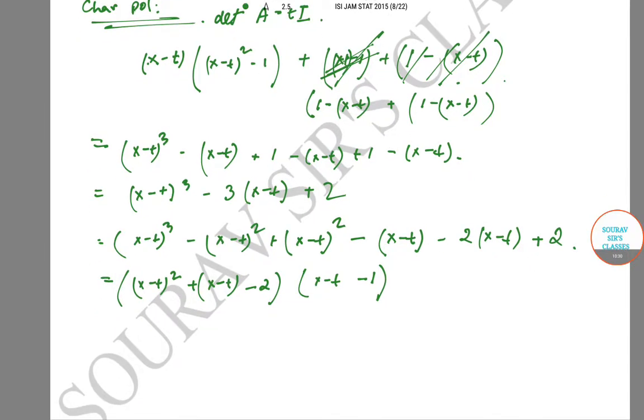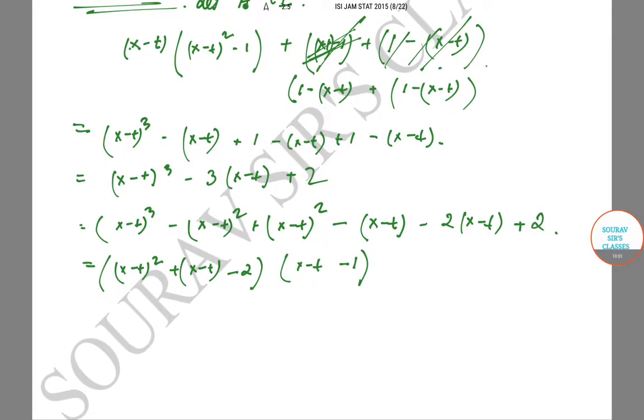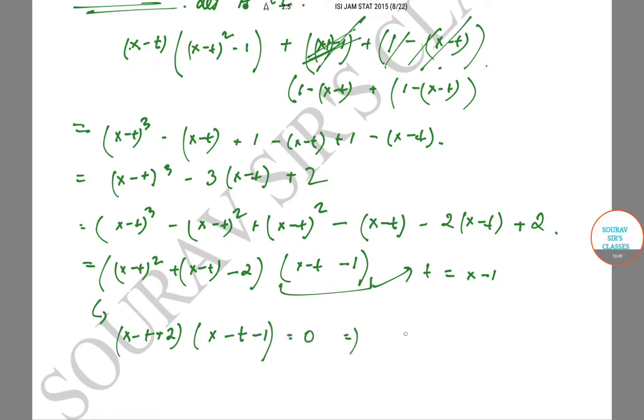Please follow the steps carefully. So from this we get t equal to x minus 1, and from this we have (x minus t plus 2)(x minus t minus 1) equal to 0, which implies t equal to x plus 2 or t equal to x minus 1.